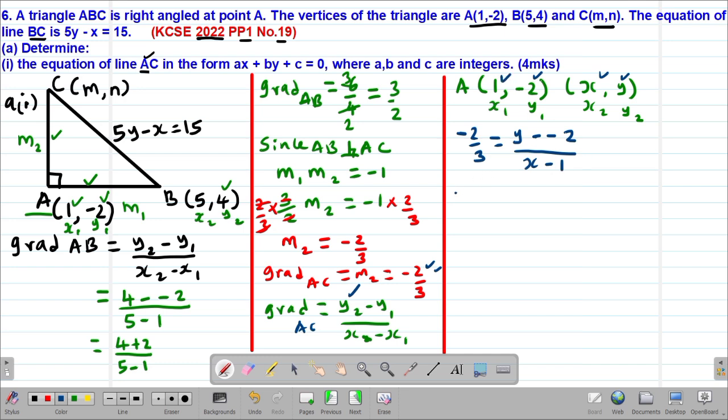So negative 2 over 3 is equal to y, and negative negative gives a positive 2, divided by x minus 1.